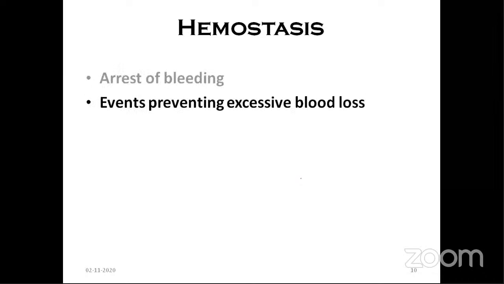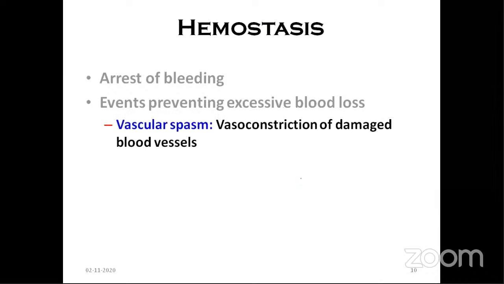And in this process of hemostasis, a number of events occur which prevent excessive loss of blood from the damaged blood vessels. Hemostasis takes place by three important steps. The earliest step, which occurs very rapidly within seconds, is the reflex vasoconstriction or vascular spasm.